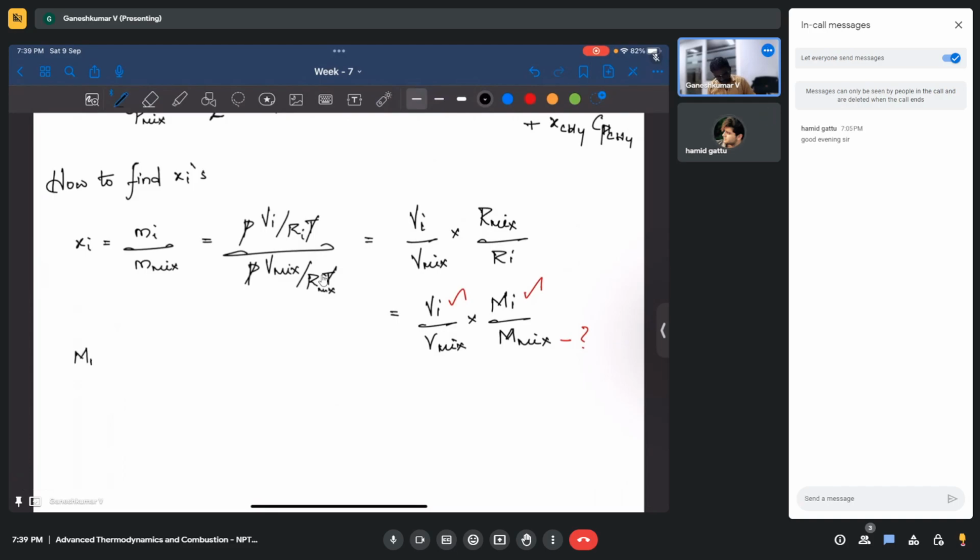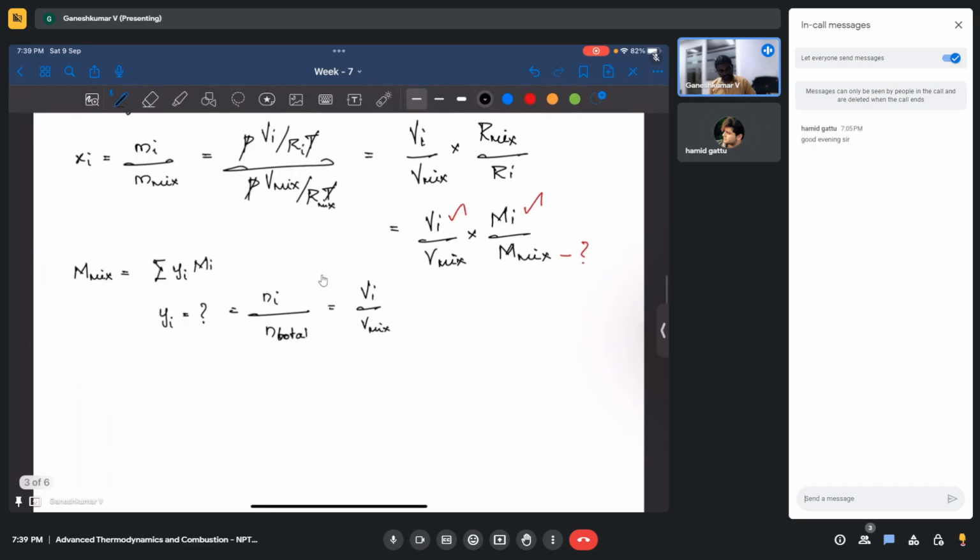Molecular weight of mixture is nothing but the mole fraction of each and every i times the molecular weight of i. So we need to find y of i. What is y of i? y of i is the number of moles of i divided by the total number of moles in the mixture. This is nothing but Vi by V mixture. That is what I am trying to say.